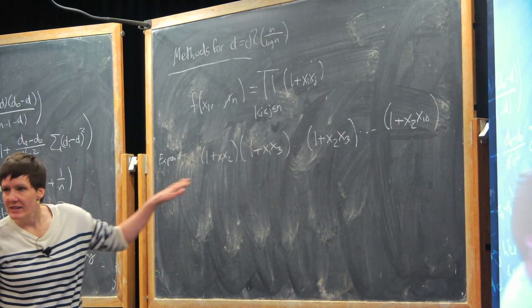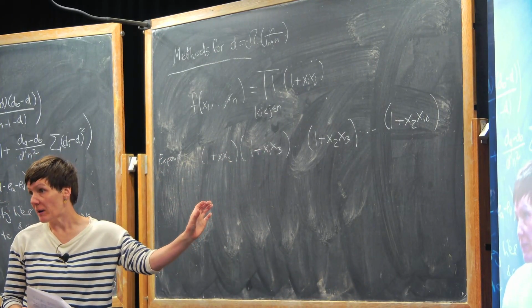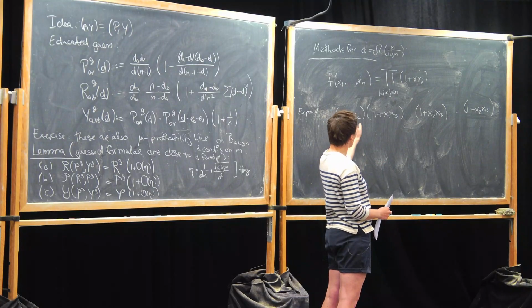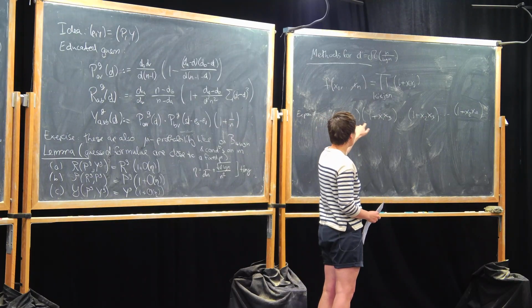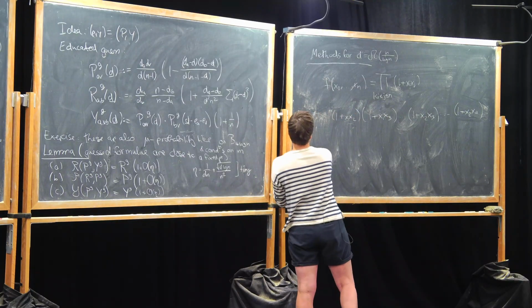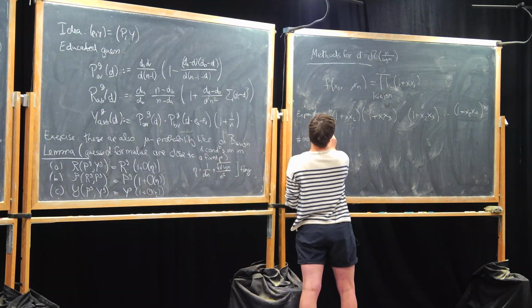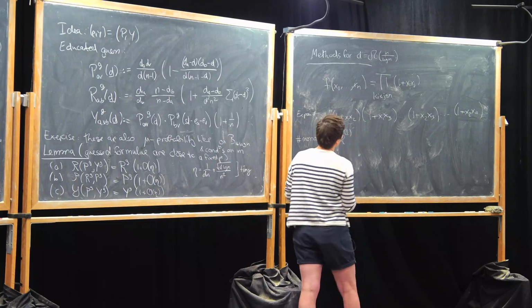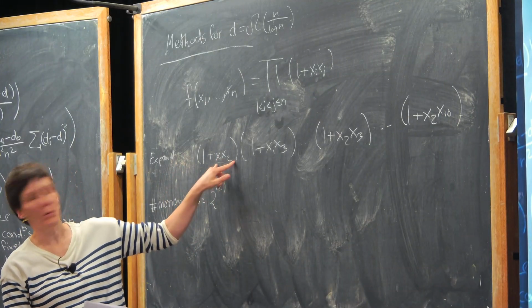So what do I mean by expanding? How many monomials do I get when I expand? I have a choice between 1 and this product of xi's for every pair. So the number of monomials is equal to 2 to the n choose 2. Right? For every pair xi, xj, I have a choice to take 1 or this xi xj.